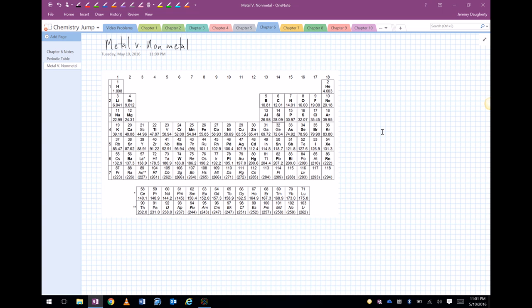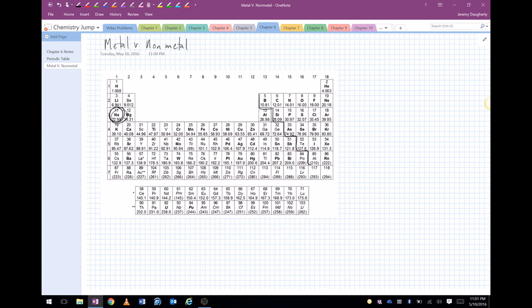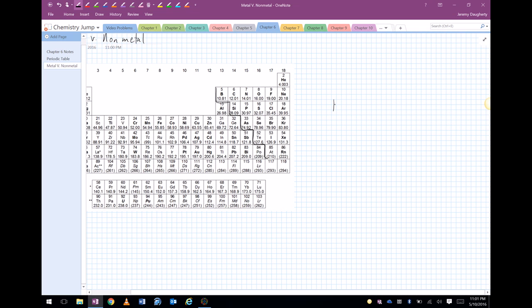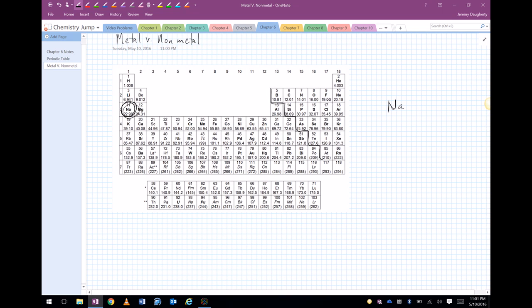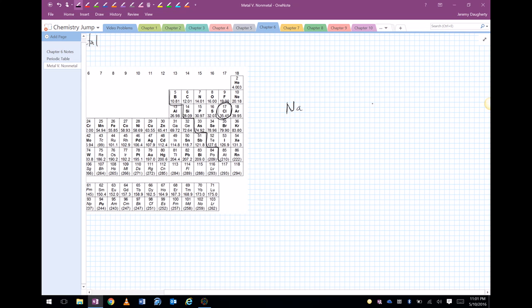So let's say we have something like sodium. Okay, sodium's a metal, right? Anything to the left of this is a metal, for the most part. So let's grab sodium, okay? So here's, let's say that's the sodium nucleus, okay? And then let's have it combined with its typical partner that most people talk about, and that is chlorine. So here's chlorine.